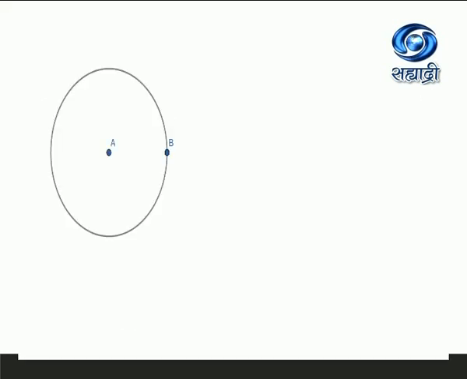Just see, draw a circle. I have taken A as the center, B is a point on the circle. Draw a ray starting from A, passing through B. Keep your pointer at B, mark two arcs on both the sides of B. Increase the distance. Keep the pointer on one arc, draw two arcs from both the sides.